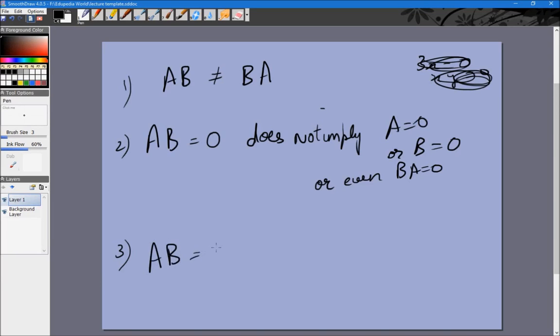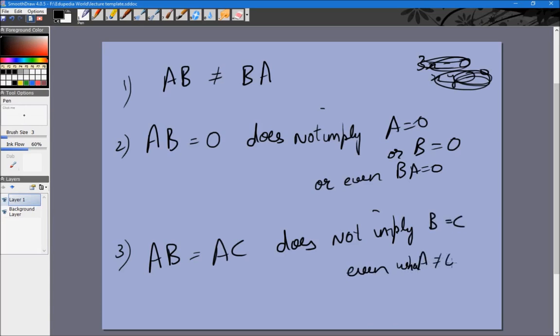AB is equal to AC does not imply that B is equal to C, even when A is not equal to 0. Right? If A is not equal to 0, then AB equal to AC does not necessarily imply B is equal to C.